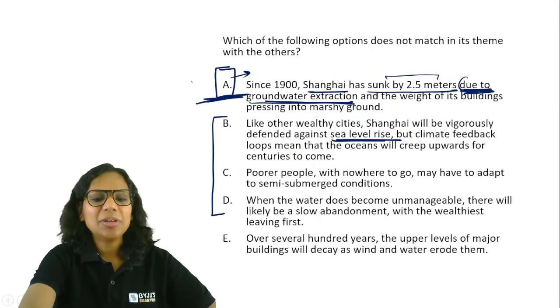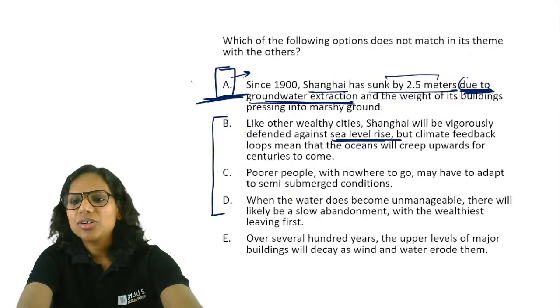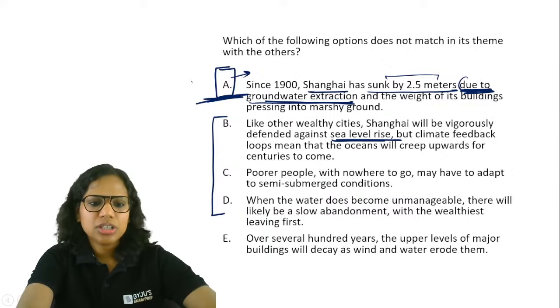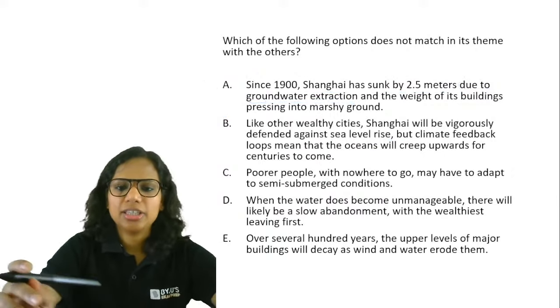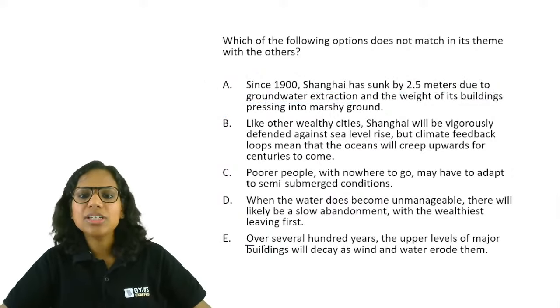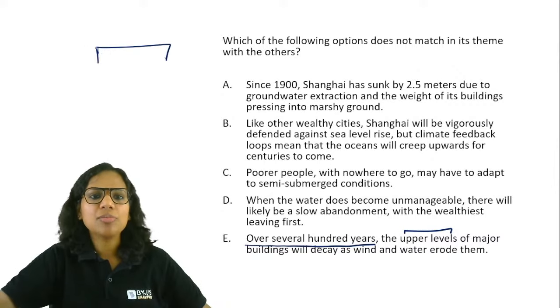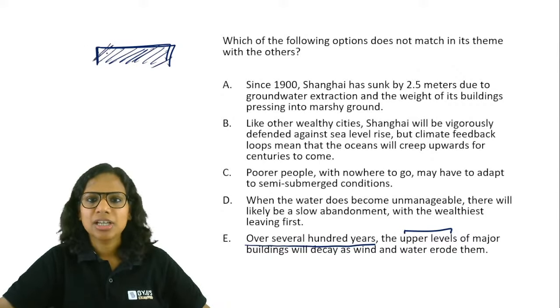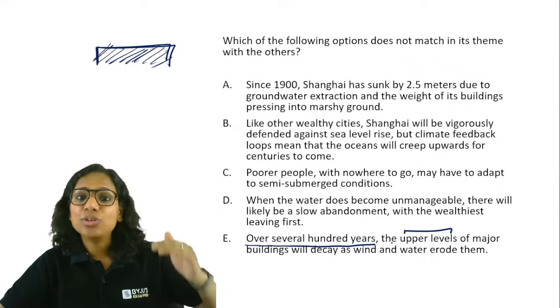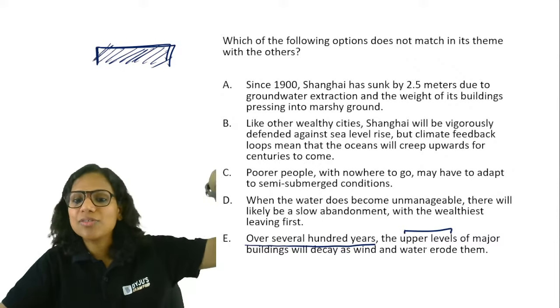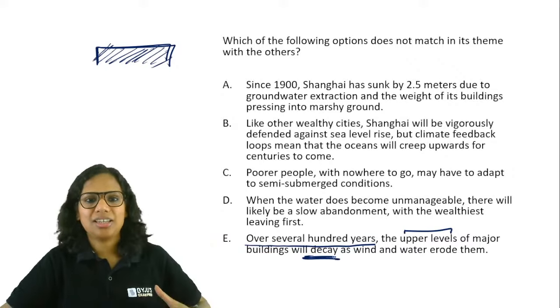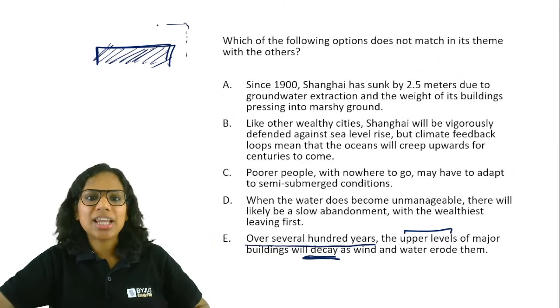Now, coming back to this one, upper levels. That is why the author also has written over several hundred years. This is not going to happen overnight because initially the bottom levels will be affected, right? So over several hundred years, the upper levels of major buildings will decay because water levels might rise.